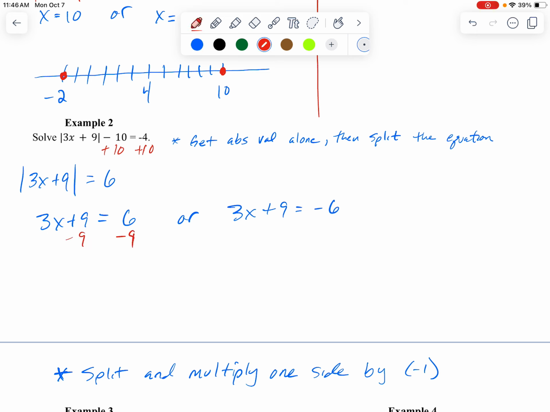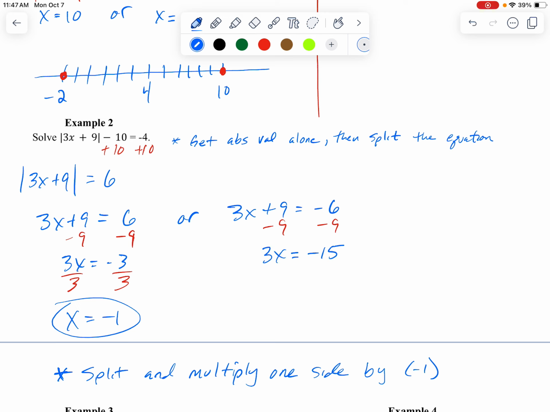Subtract 9. 3x equals -3. Divide both sides by 3 to get x by itself, you get x equals -1. And it's going to be the same process over here, subtract 9 from both sides. 3x equals -15.